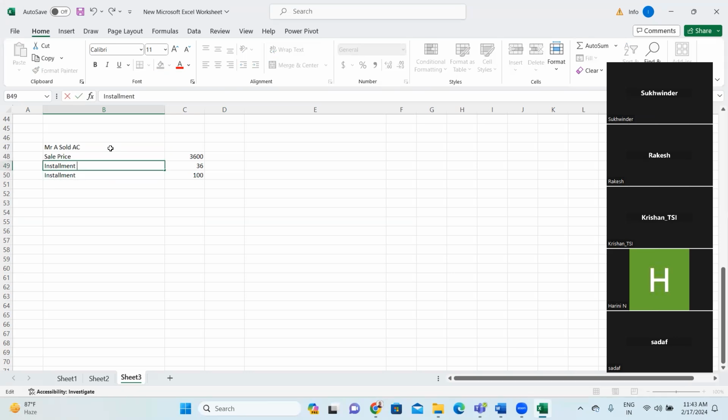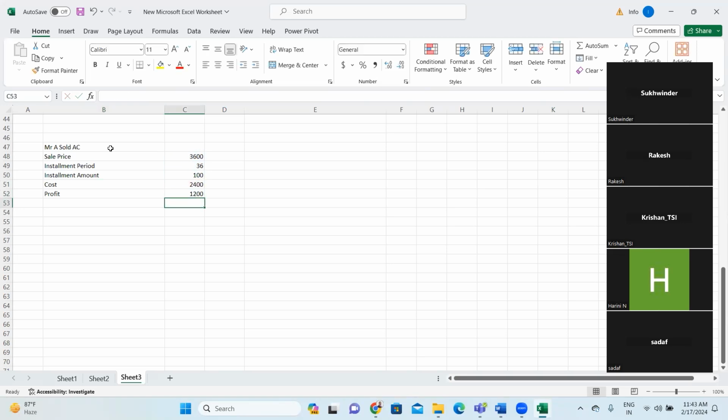Period and amount, and let's assume cost. Cost is, let's say, 2,400, right? So what is the profit? How much is the profit? 3,600 minus 2,400, that's 1,200, right? Clear, everyone?